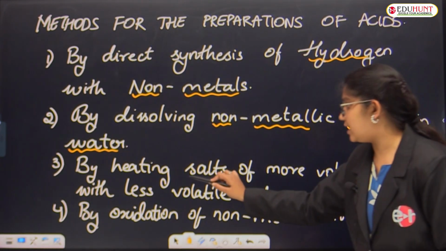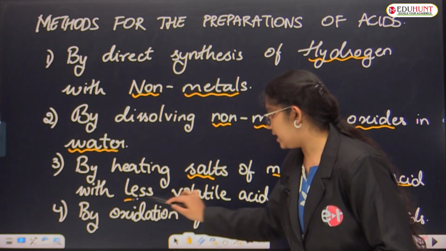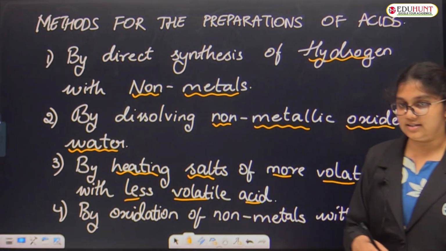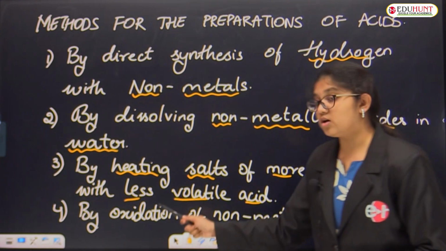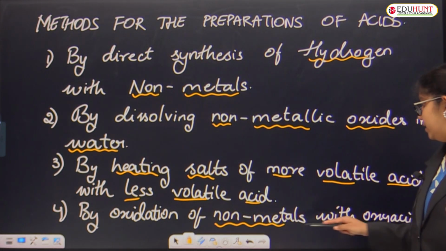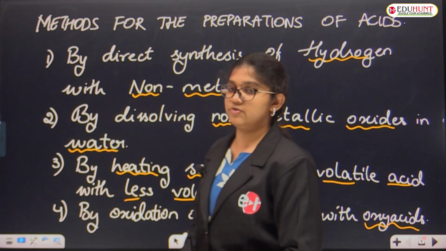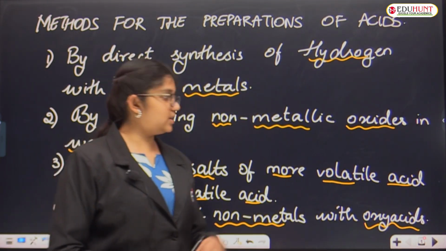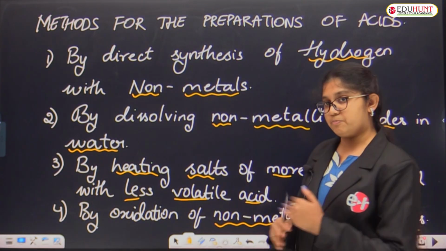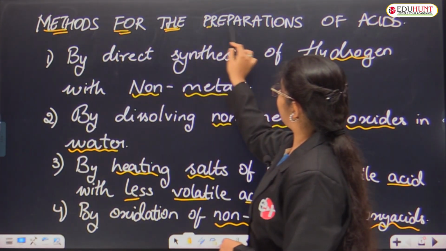Now, the fourth one, by oxidation of non-metals with oxyacids. So these are the 4 main methods for the preparation of acid. We'll learn one by one clearly what the process is and how the acids are prepared by these 4 methods. This is the heading for the class today.